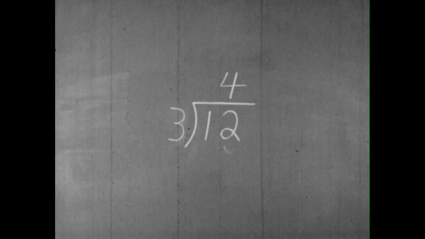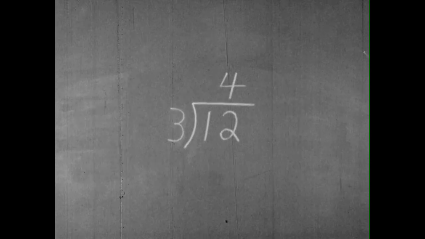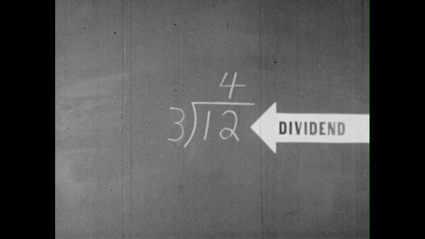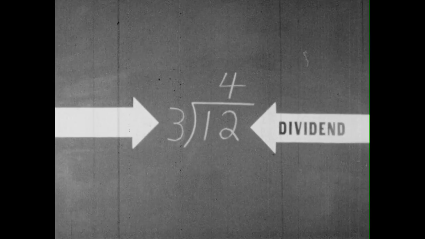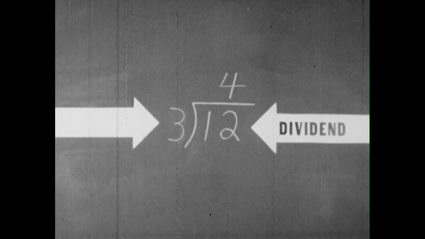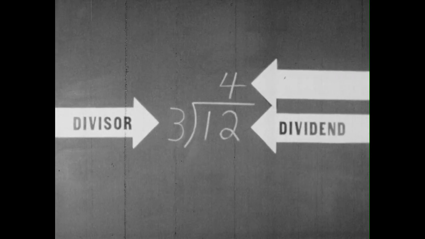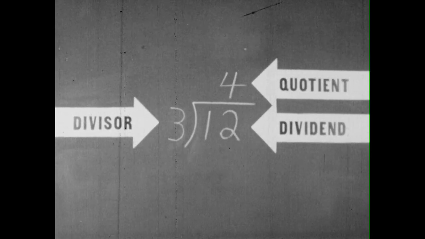Now let's review what the terms in division are called. The number to be divided is the dividend. The number you divide by is the divisor. And the answer is the quotient.